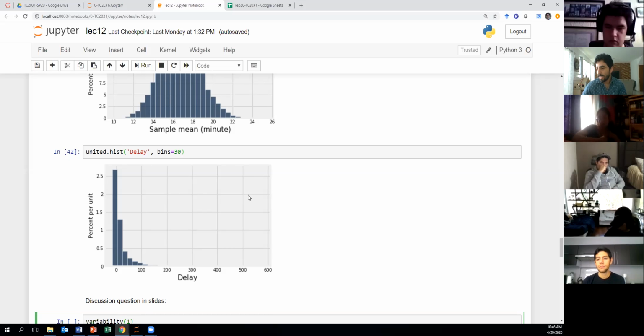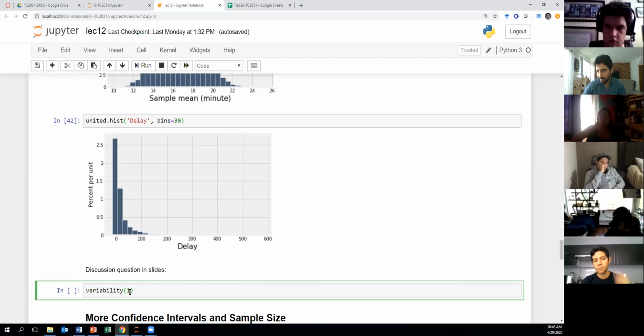Okay, but just think about it. What I'm asking you to do here is go to the population, take one sample, just look at one flight, and calculate the average. The average would be exactly the same value, because it's just one number. Then go to the population again and take another random sample.